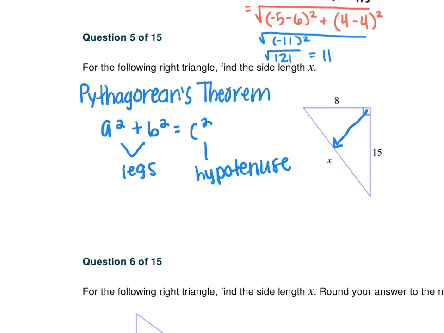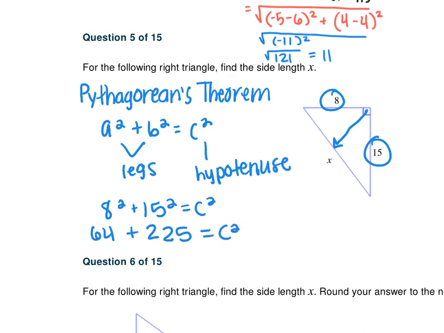So in this case, x is going to be what you're looking for, and that's going to be your c squared. So if we fill in a squared plus b squared equals c squared, what I'm going to say is 8 squared plus 15 squared equals c squared. So then I have 64 plus 225 equals c squared.